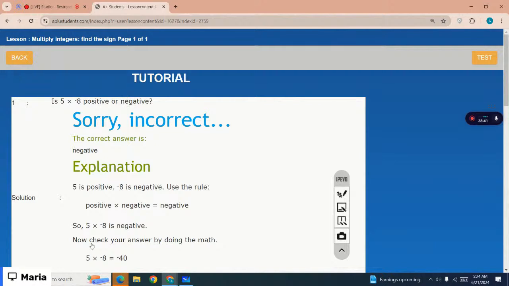When you are multiplying two numbers, if both the numbers have the same signs, either both are positive or both are negative, the answer must be positive. That is the rule for multiplying. And when both the numbers have different signs, like one of them is positive and one of them is negative, the answer must be negative. These are the rules for multiplying integers, right?